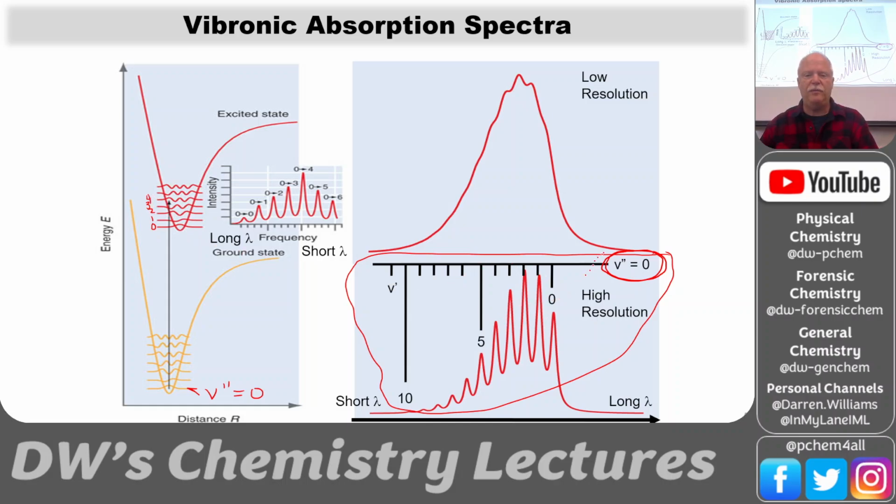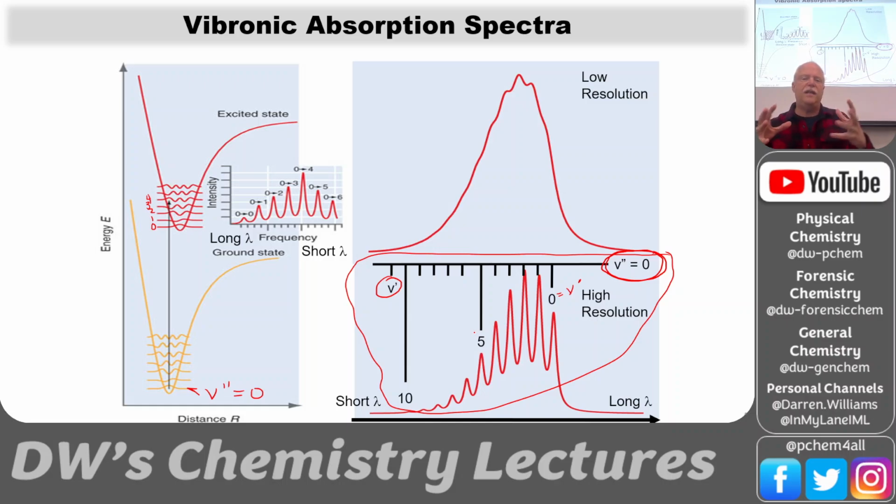And so we will label them, instead of writing V double prime equals 0 over and over again, we'll just put a bar across and we'll drop a line down to every little peak, and these are the V primes. You see these little lines are showing the V primes. And so it starts out the 0 to 0 transition, and then the 0 to 1, 0 to 2, 0 to 3, 4, 5. Does everybody understand what this little line thing is? It's called a manifold of peaks.